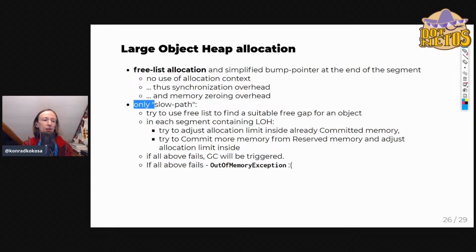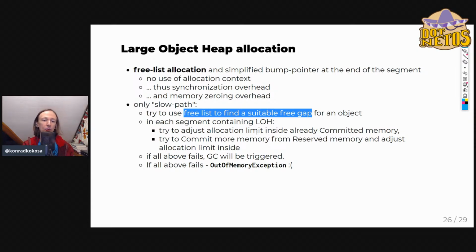So we can imagine it just as having only a slow path. It is trying to find the FreeList item to find the free gap for an object. And if there is no gap big enough for it, it will try to reuse segments containing large object heap in a similar manner.